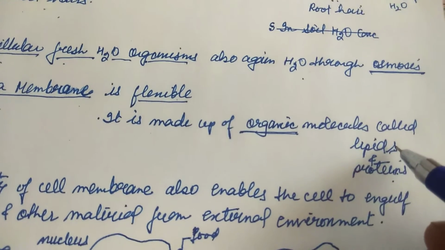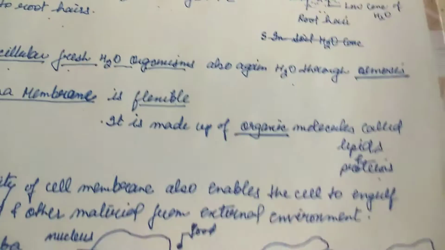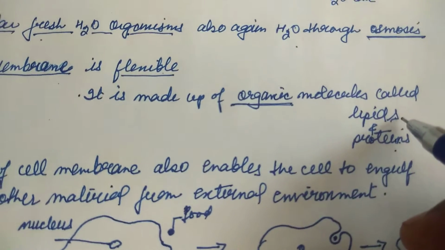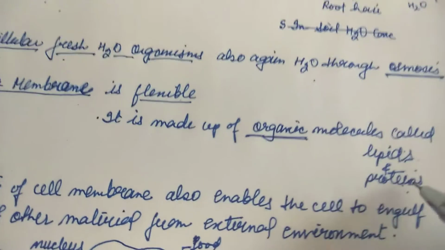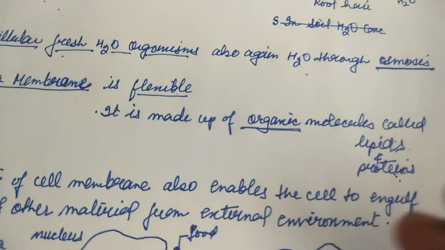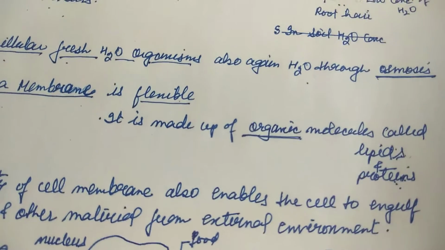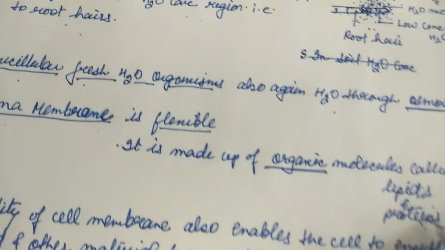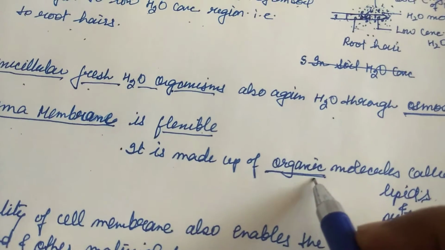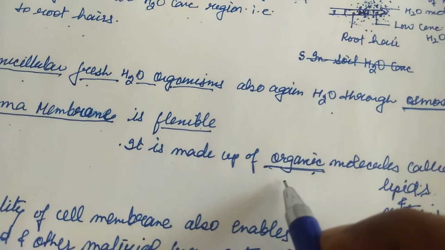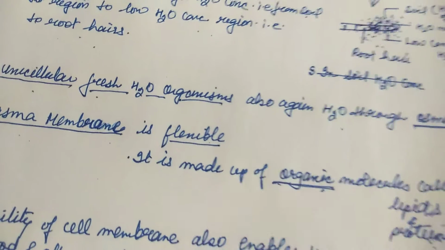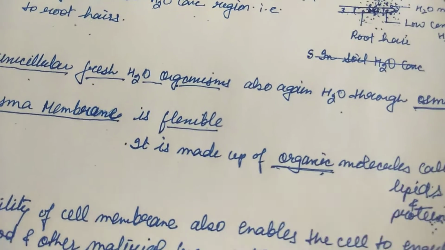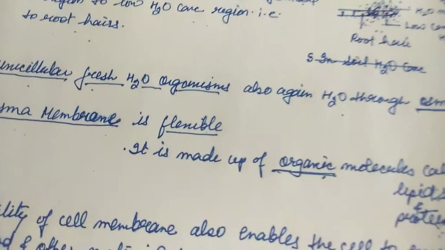We will study the complete structure of the plasma membrane in higher classes, but they are made up of these macromolecules. Macromolecules means complex or larger molecules, right? So this membrane is made up of proteins and lipids and it is flexible. It is not rigid, right?